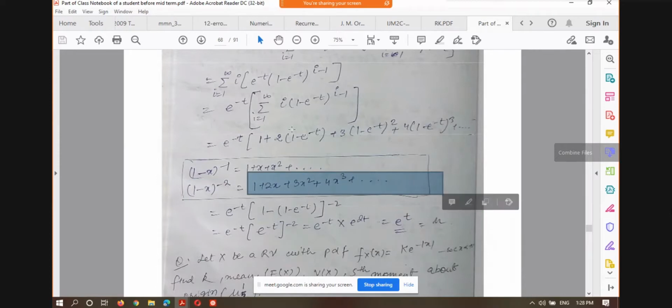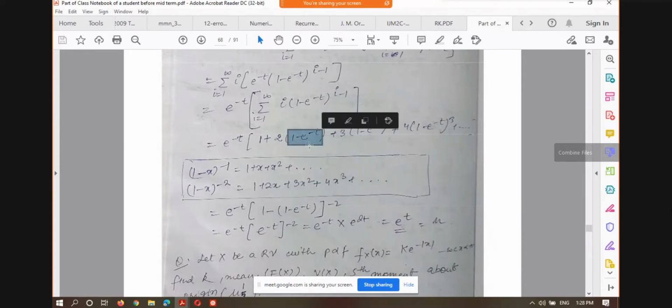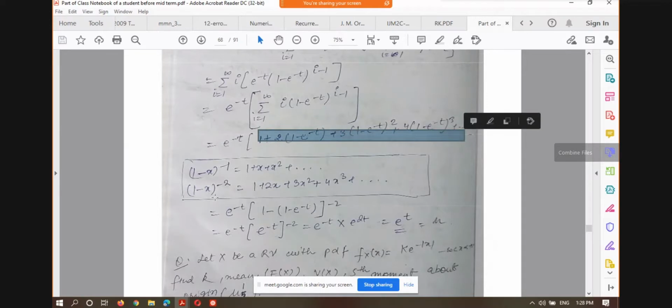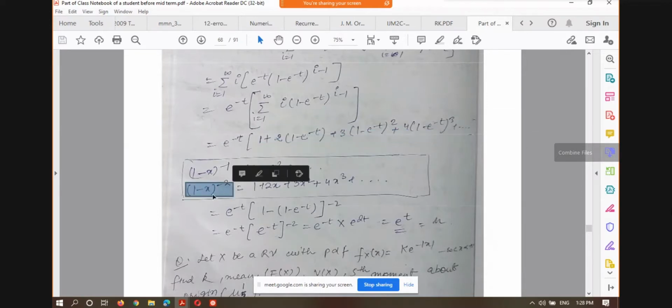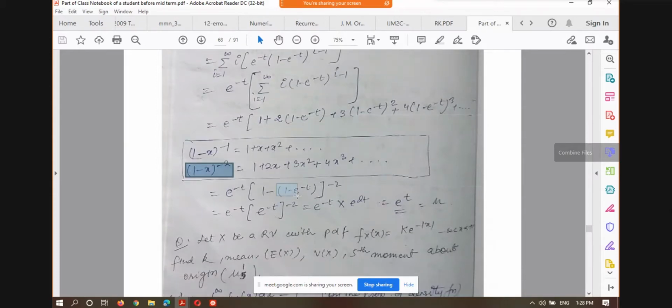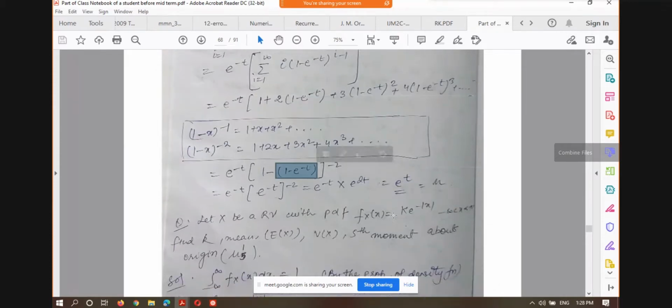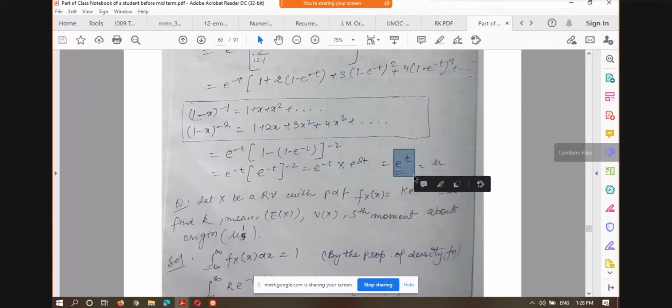And here x is actually 1 minus e raised to power minus t. So this expression can be rewritten as 1 minus x raised to power minus 2, where small x is actually 1 minus e raised to power minus t. So we have used this result here, and after simplification we are getting mean as t.